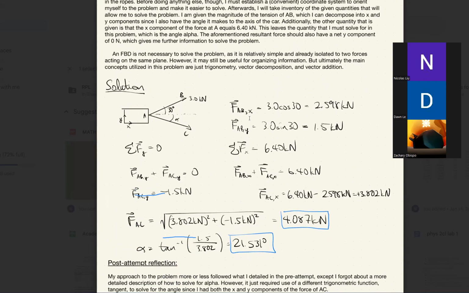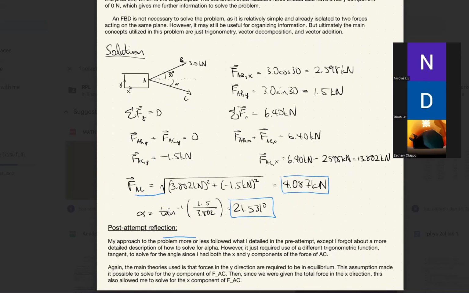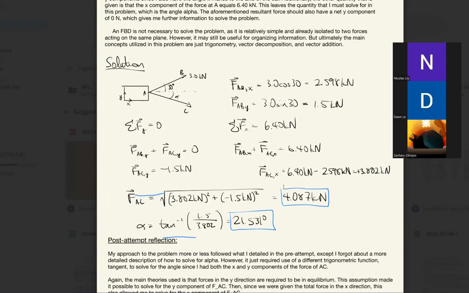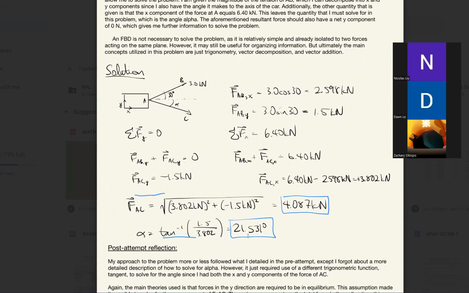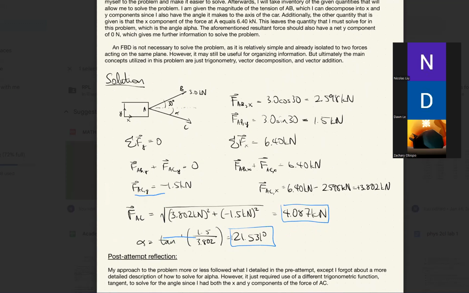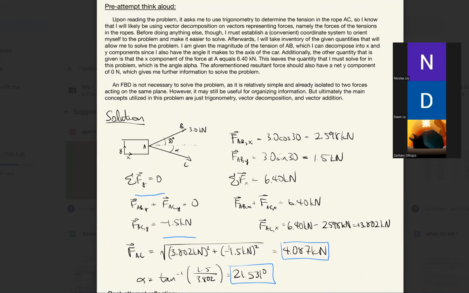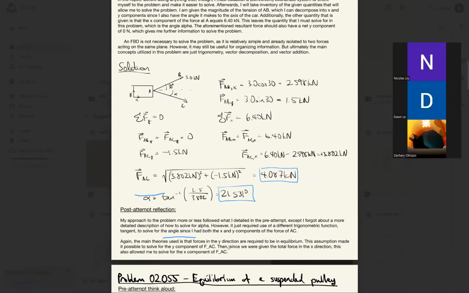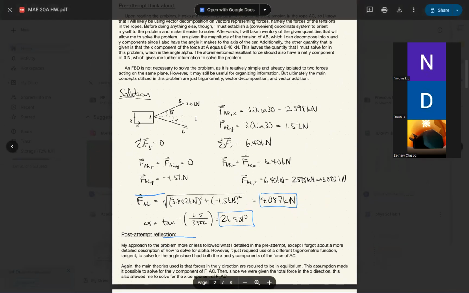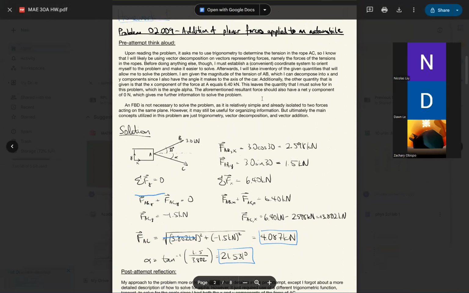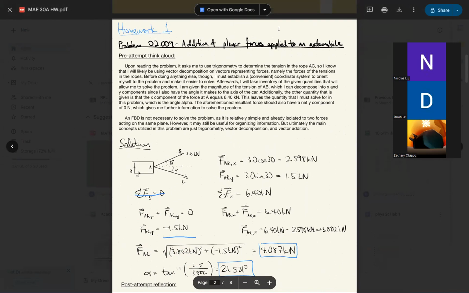And then we get the magnitude of FAC, which the problem asked for, and also the angle alpha. Do you have any questions or anything? No? Okay, all right, we'll move on to the next problem then.